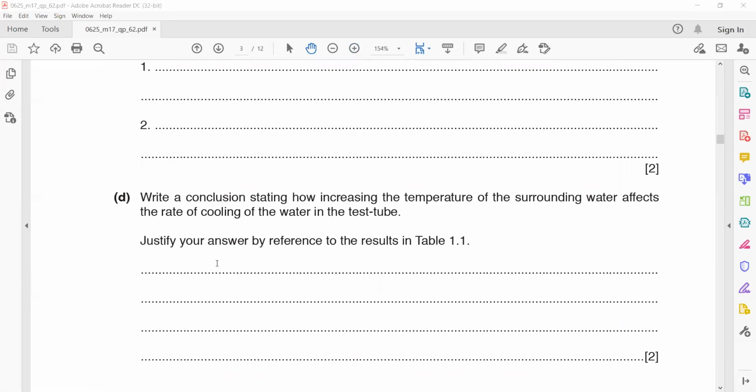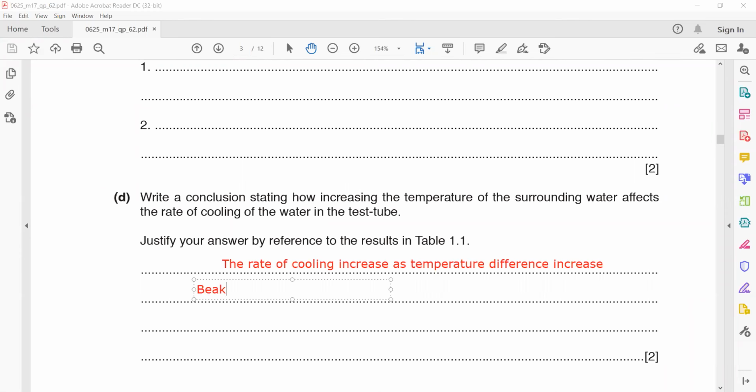So what we can say is that the rate of cooling increases, or is proportional to, the temperature difference between the water in the tube and the water in the beaker. And with reference to the readings, how can you work it out?